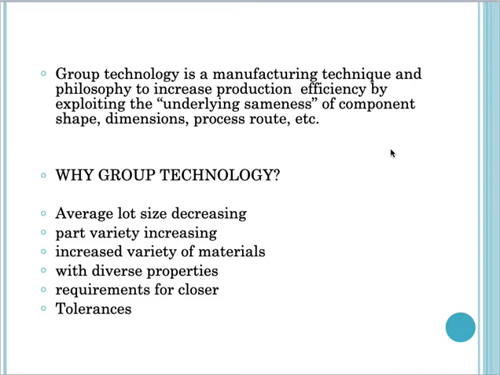In some plants where group technology has been implemented, the production equipment is arranged into machine groups or cells in order to facilitate workflow and part handling.